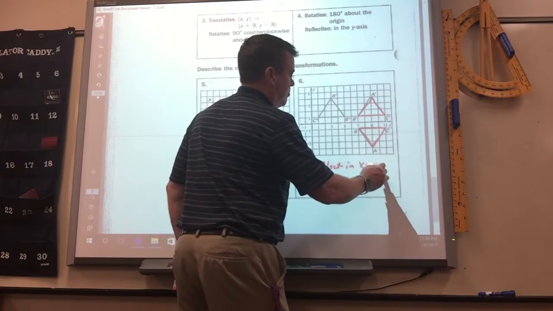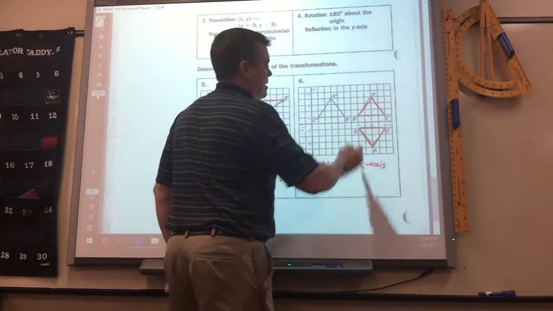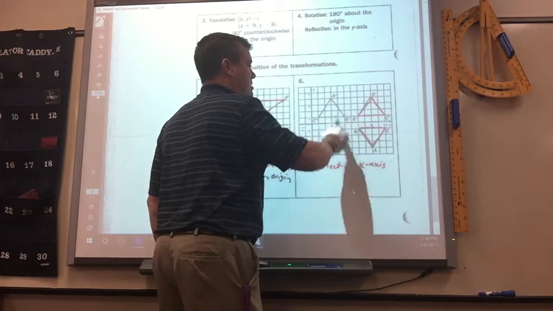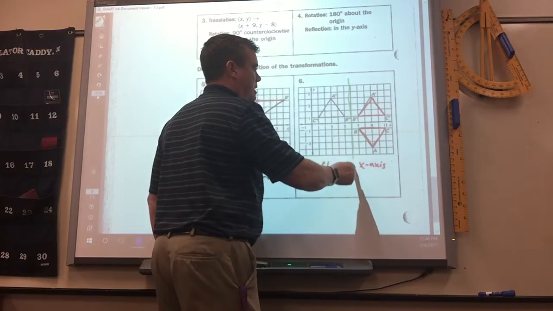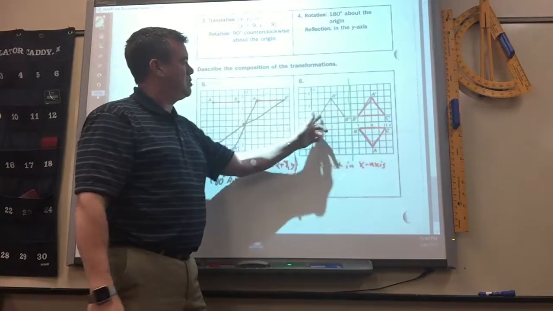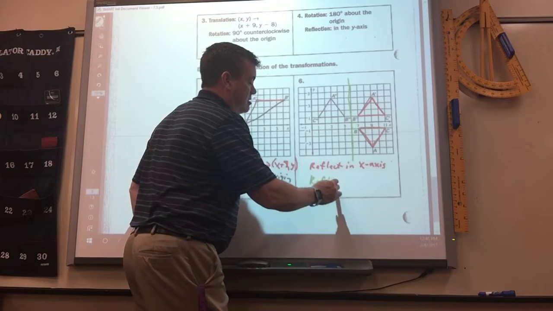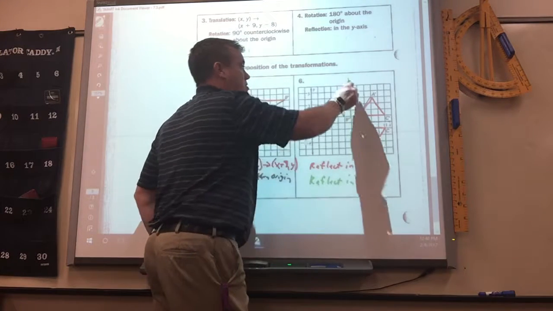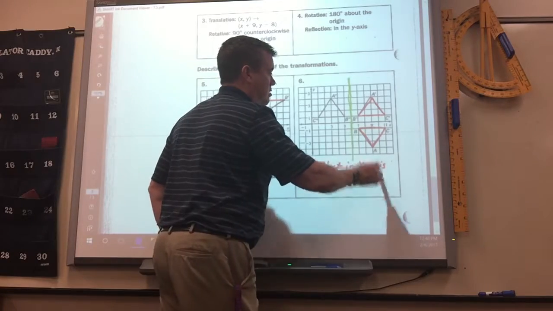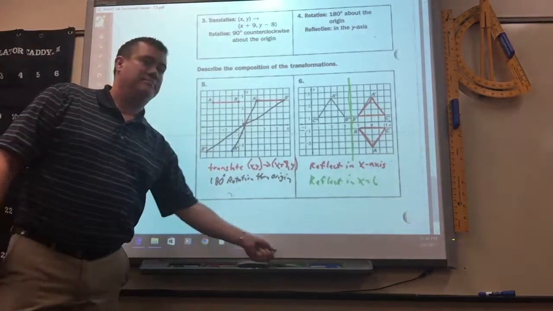And then it reflects again, because you can see the B's are here, the A's and the C's, so it reflects right there. It doesn't slide over, because if it slid over, the B would still be on the left. So the second thing it does is it reflects in, what's this line called, right? X equals 6. Crosses the x-axis at 6. Okay?